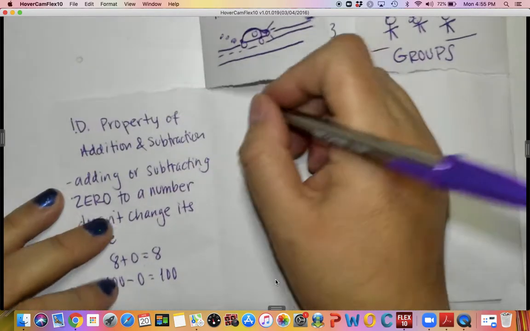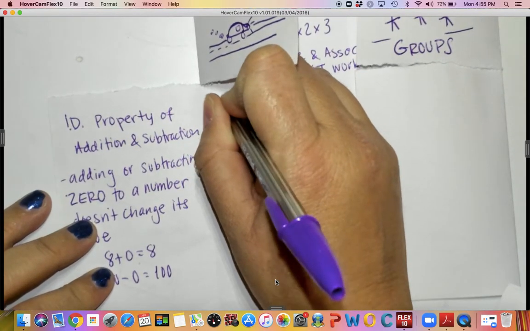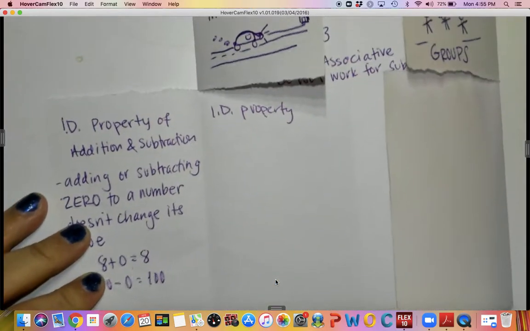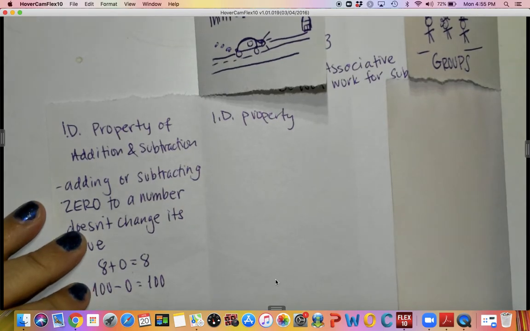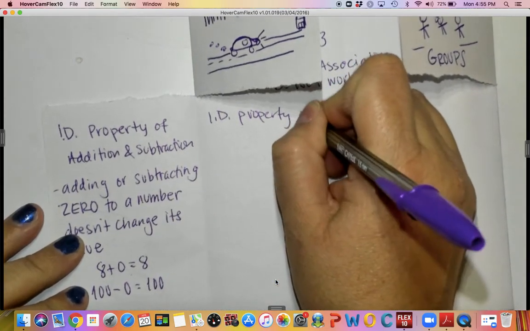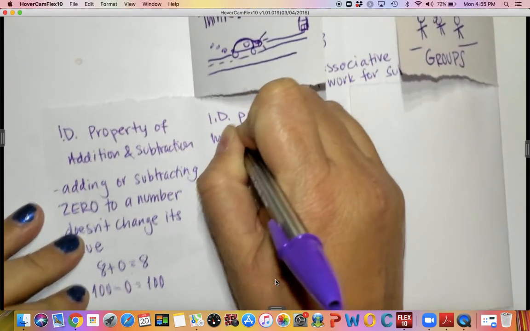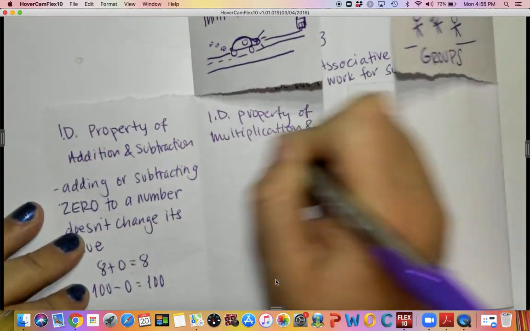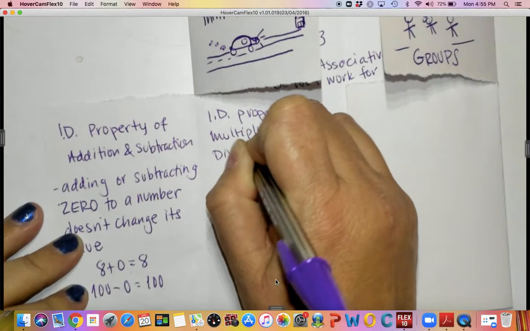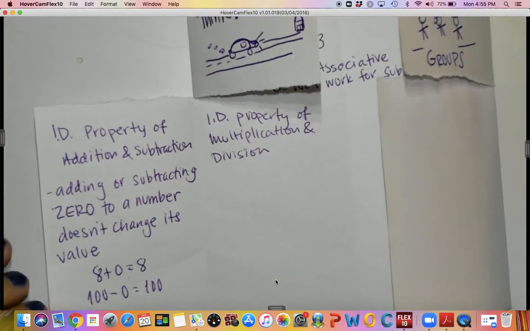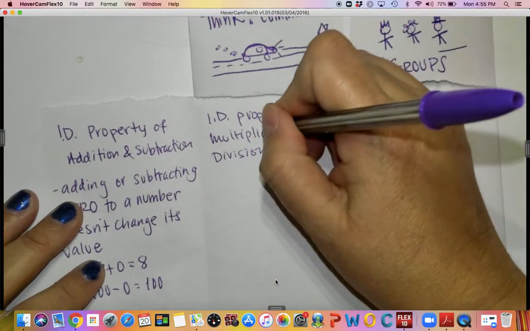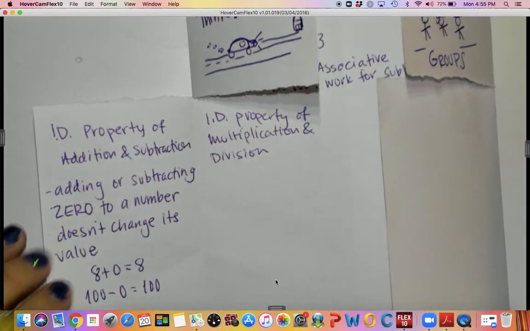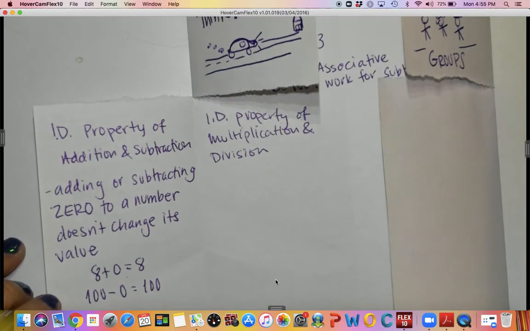But we also have the ID property of multiplication and division. And if you're thinking with your brain, you might be thinking of the number that we use that doesn't change the value of a number.